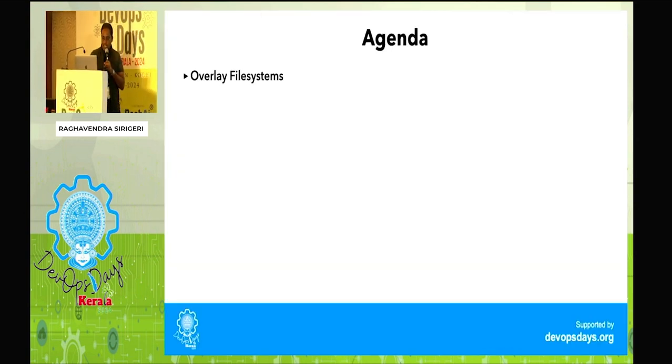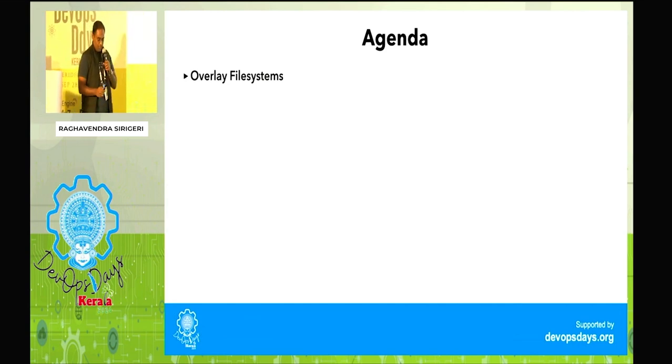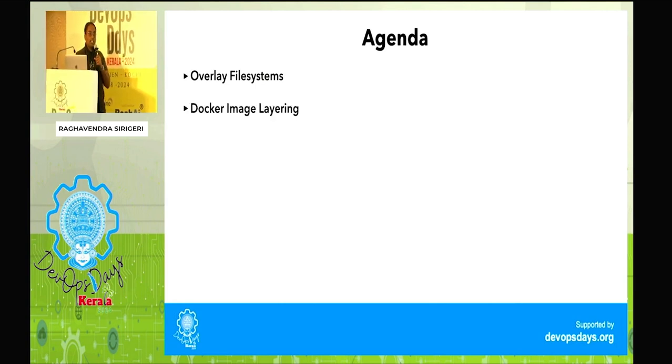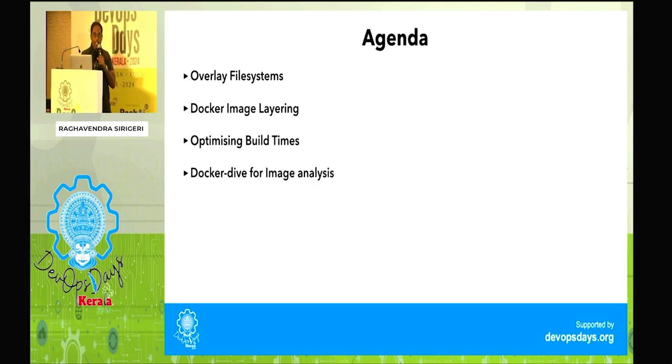So to understand how we can reduce Docker images, we have to get a very good understanding of how overlay file systems work. Our agenda: we're going to cover overlay file systems, understand how Docker images are layered, and understand how we can optimize for build times. We'll use tools like Dive for image analysis.